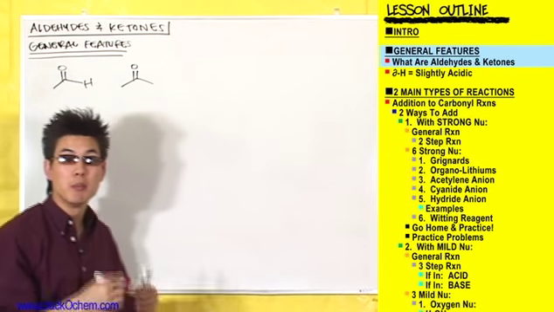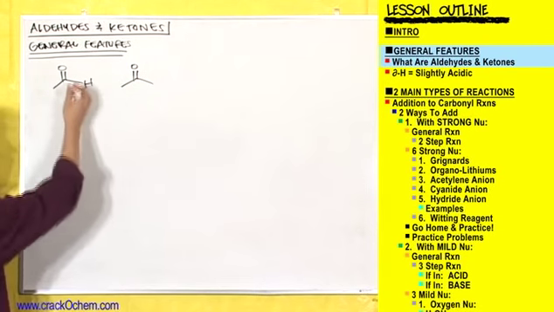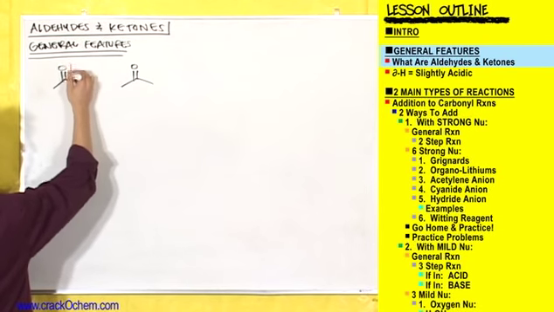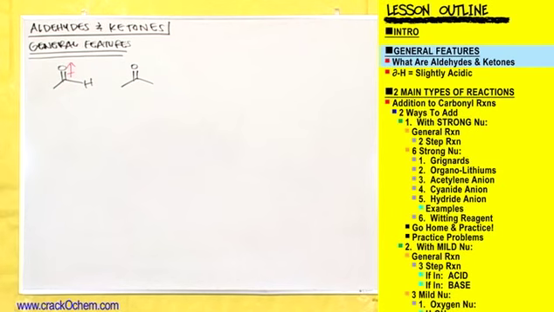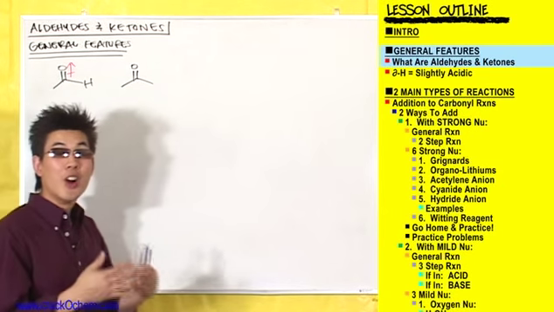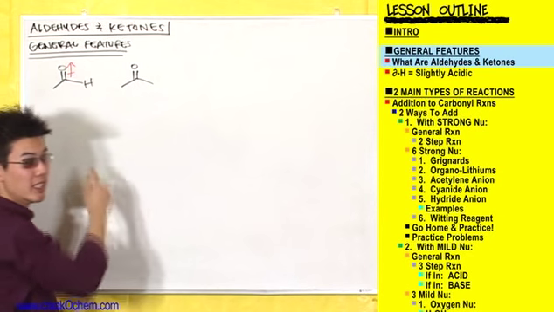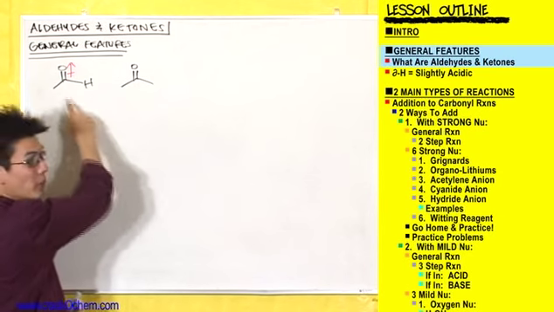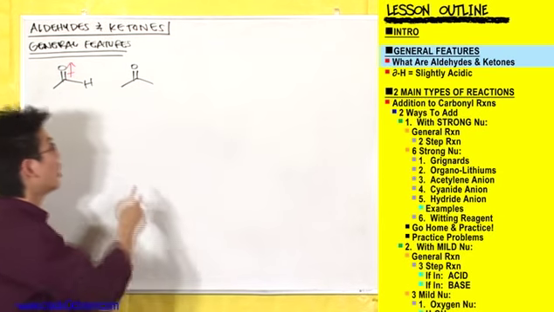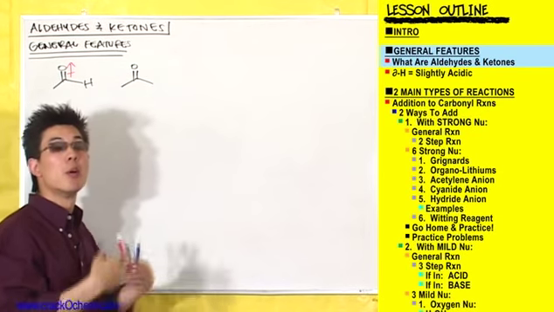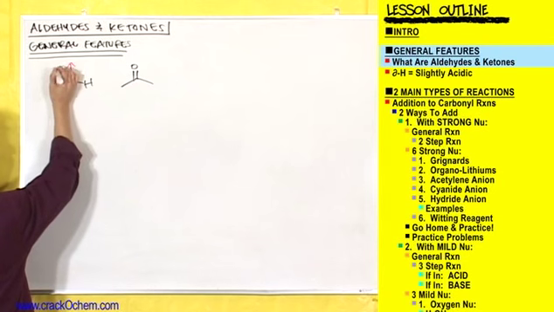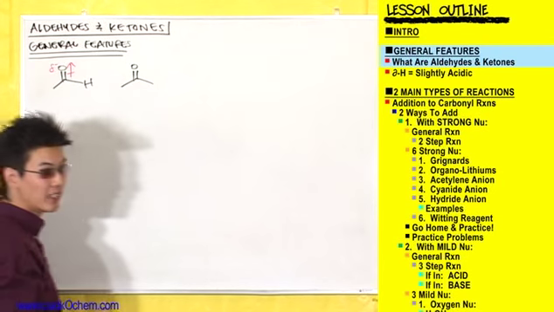And if oxygen is more electronegative than carbon, that means that this oxygen is pulling electrons away from that carbon. If it's pulling negatively charged electrons towards the oxygen, then oxygen is going to become more negative. So we say that this oxygen is partially negative.